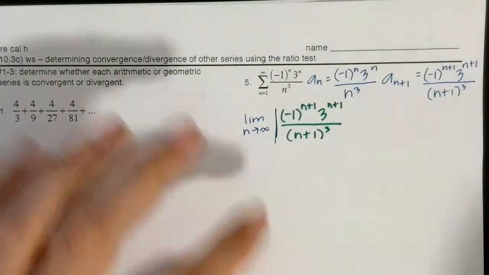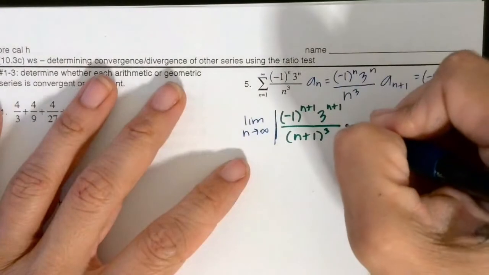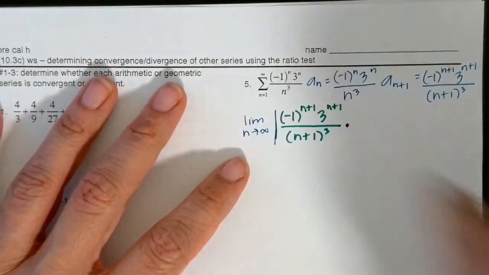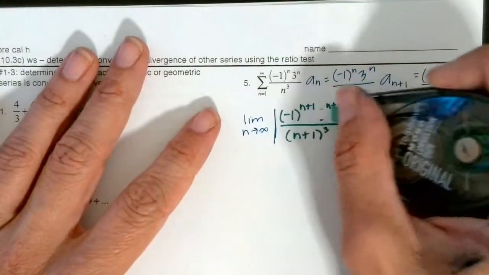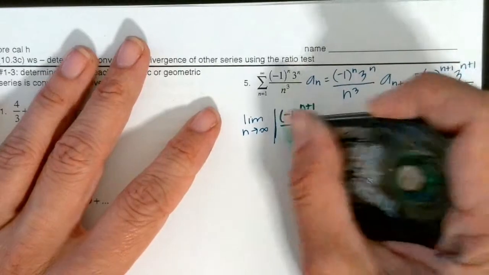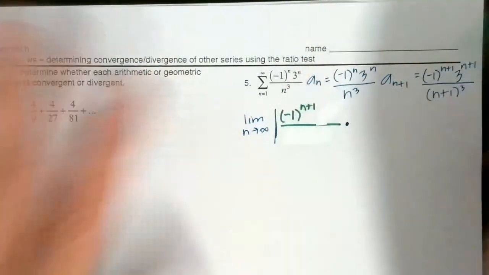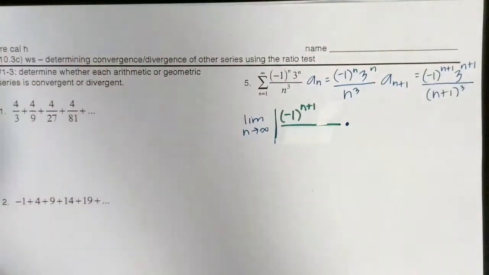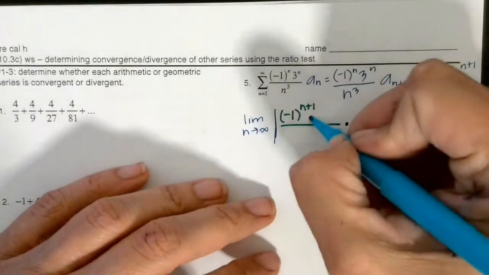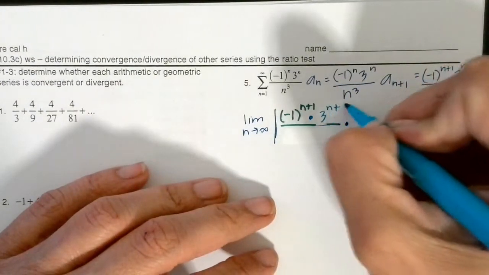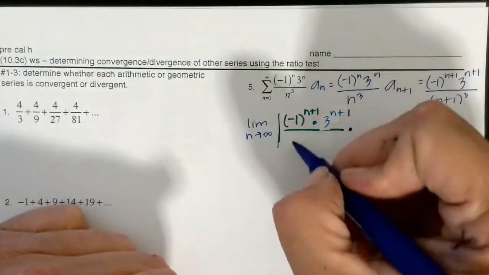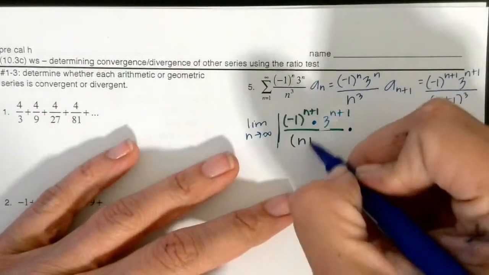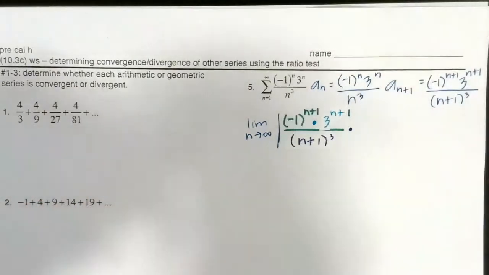And then this is getting multiplied. I'm going to switch some things out for just a minute. I'm just changing the color. Don't worry about it. You're probably writing in pencil anyways, so don't trip. Okay, 3 to the n plus 1 all over, we'll just do this one in a different color for fun, n plus 1 cubed.